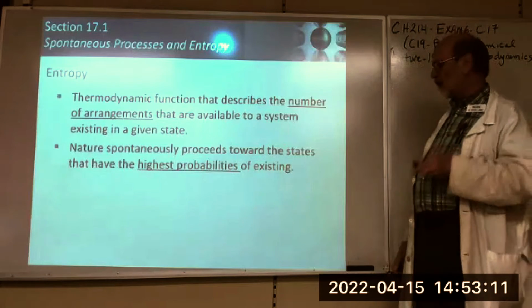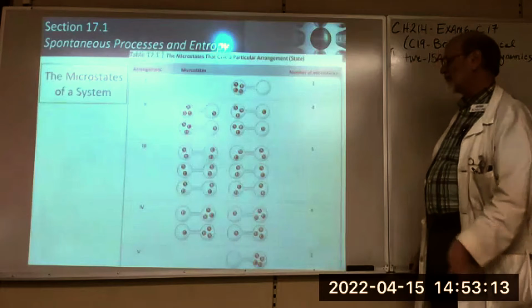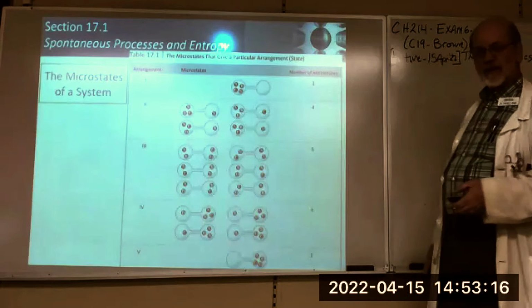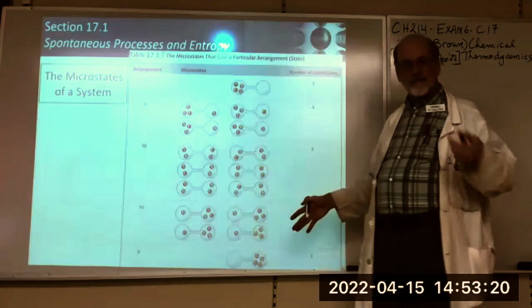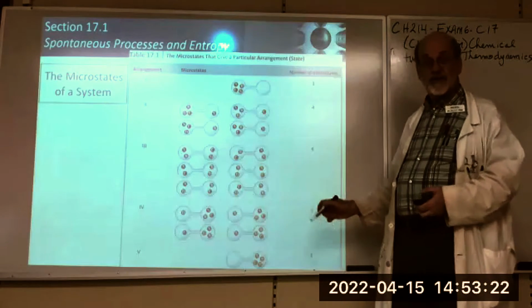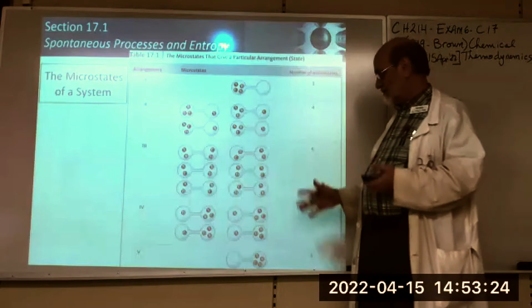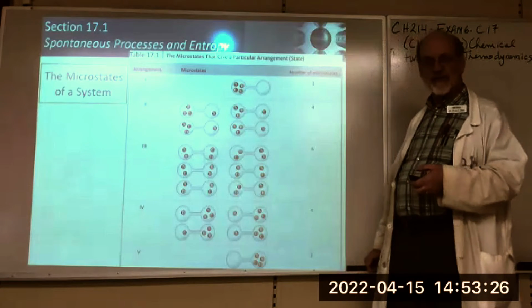I need to define what I mean by state also. So here's an example. We speak of each one of these as a microstate, because there are so many of them and they're not visible usually.